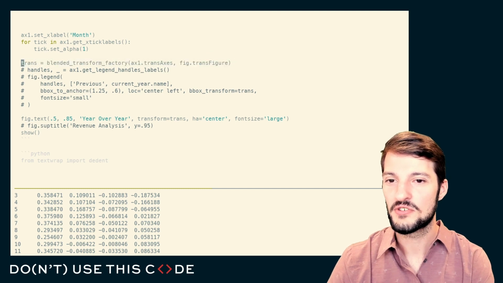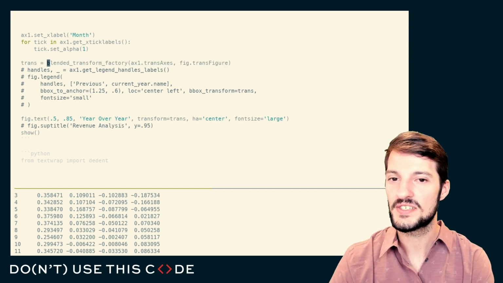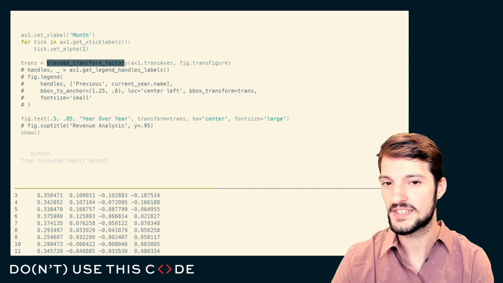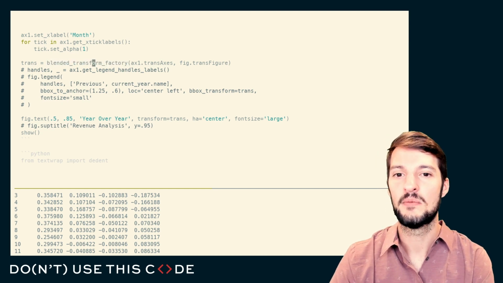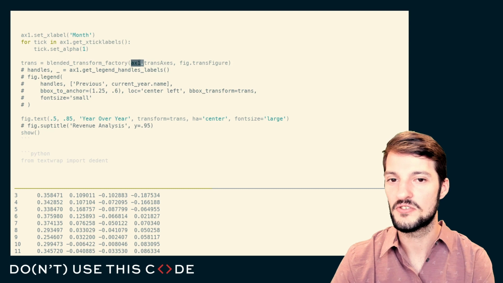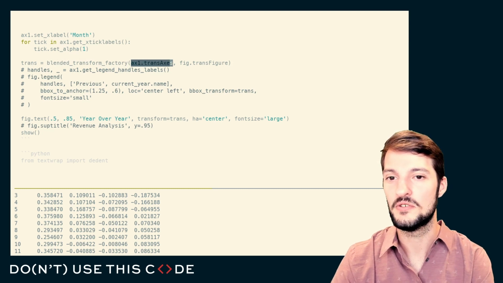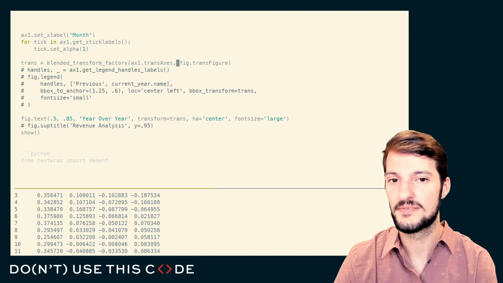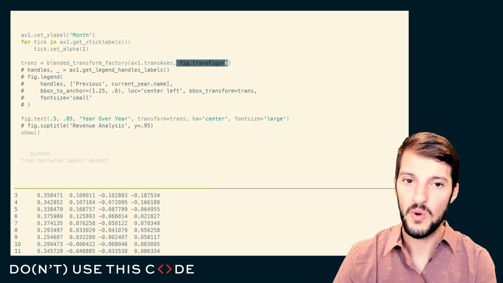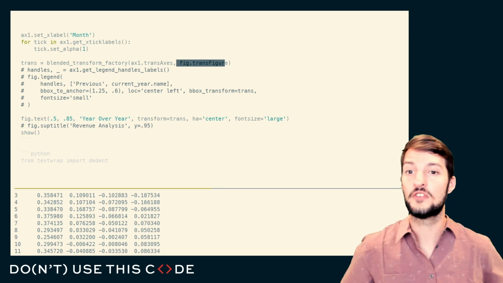And so what this blended transform factory does, just like our x and y axis with that get x axis transform, I can create a custom mapping of x and y coordinates. In this case, my x coordinates that I pass into any method that uses this transformation will be actually in axes coordinates, and the y value will be in figure coordinates.